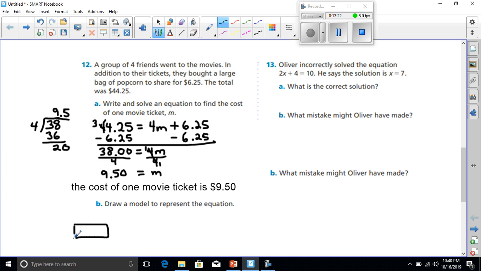over here 6.25, and then over here I'd make 4 boxes that were each going to be m.